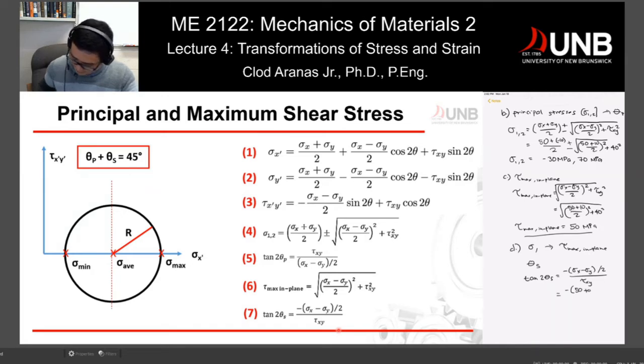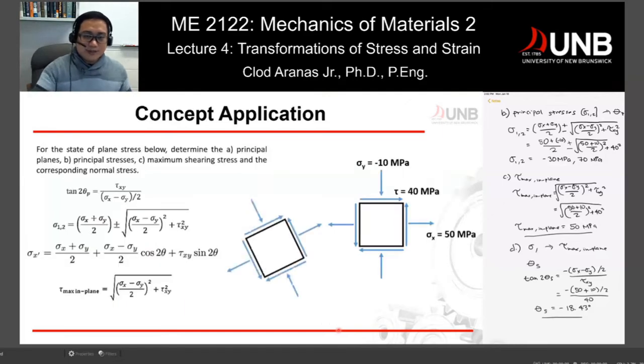Oops, I forgot again. So plus 10. Yeah, probably the last time, my bad. Okay, so 40. And then you will get theta sub s is equal to negative 18.43 degrees.